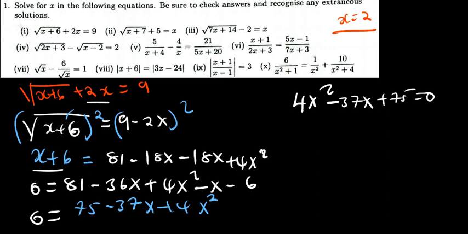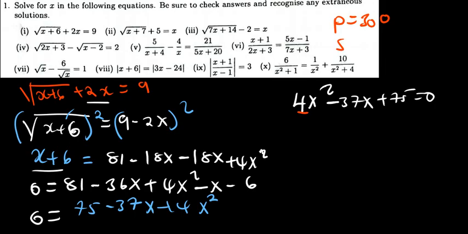So this is a quadratic equation, and now I'm trying to find the solutions. Here I need to find the product. The product is 4 times 75. 4 times 5 is 20, so I'll put 0. 4 times 7 is 28, plus 2 is 30. So 300, that's my product.